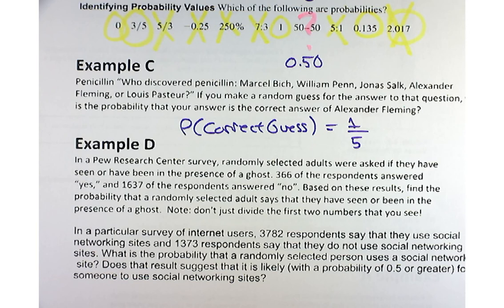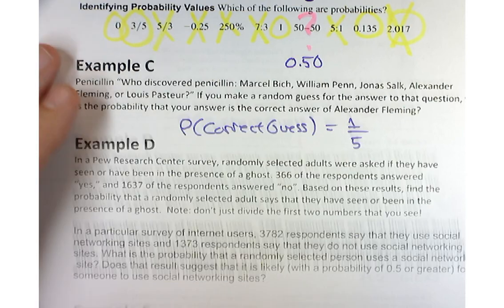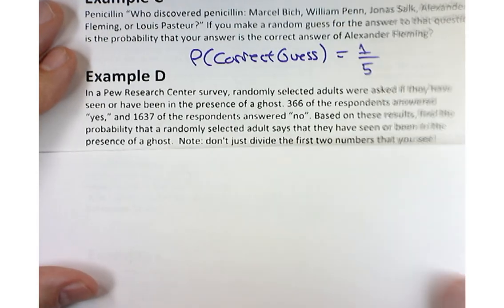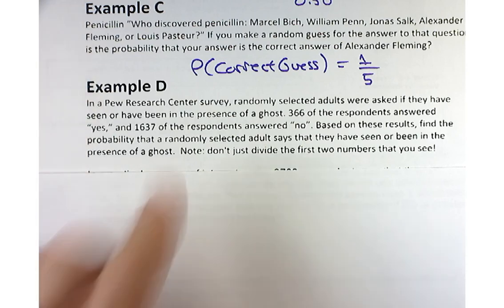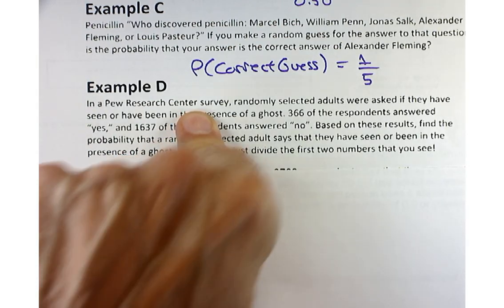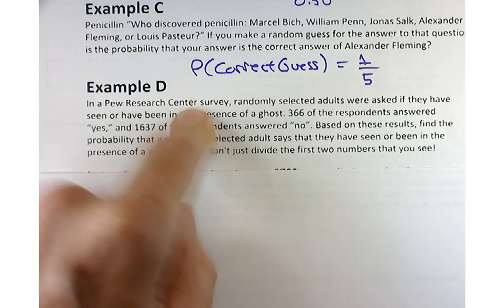Now we're not always going to be quite so lucky to have such a simple problem. Let's take a look at example D, for instance. In a Pew Research Center survey, and by the way, if you see Pew Research Center, they're a pretty respected statistical organization, so you can give their results the appropriate weight.